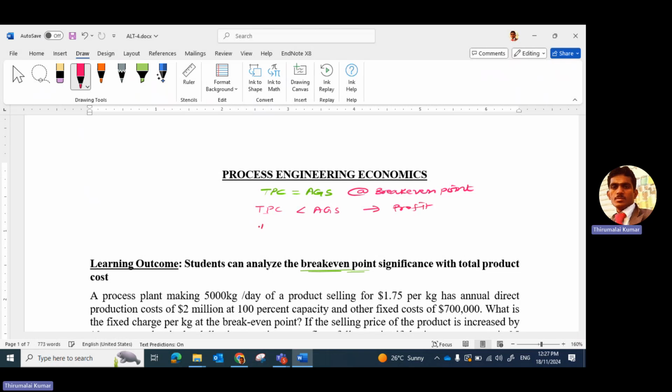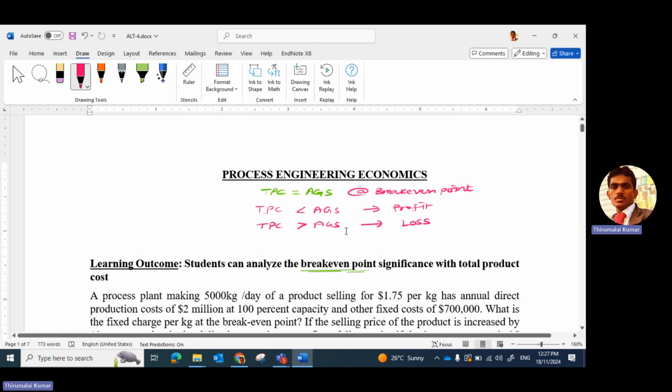If the total product cost is greater than the annual gross sales, then that particular business is facing loss. So to analyze the problems below, we should understand the concept behind the break-even point and total product cost.